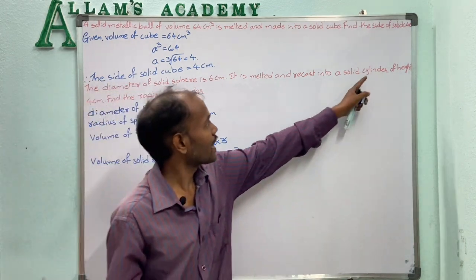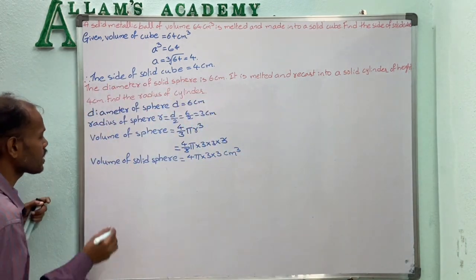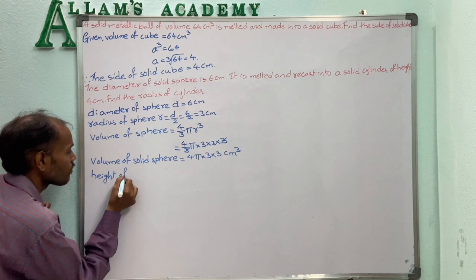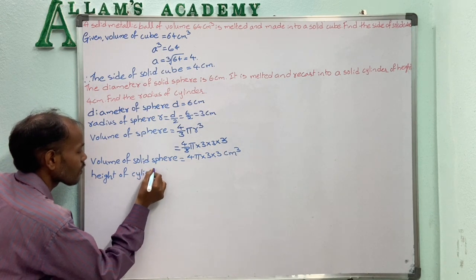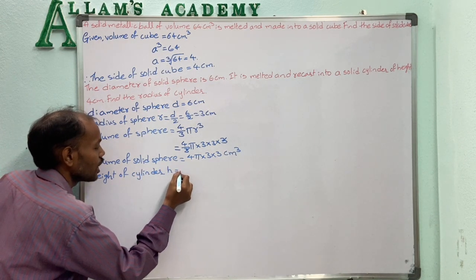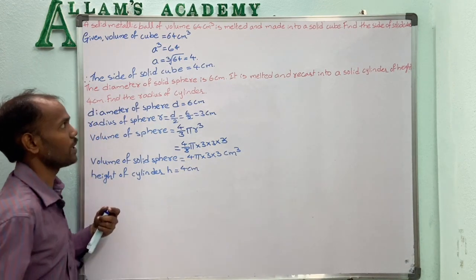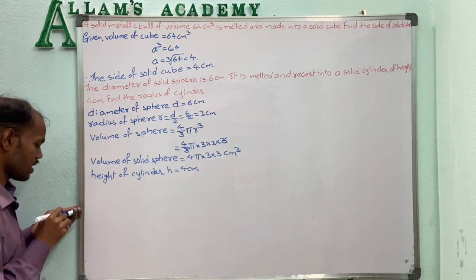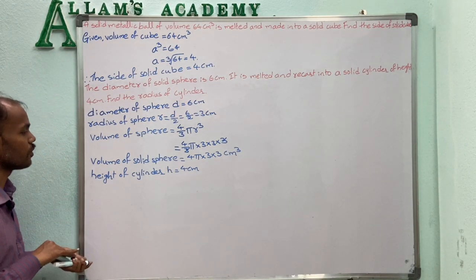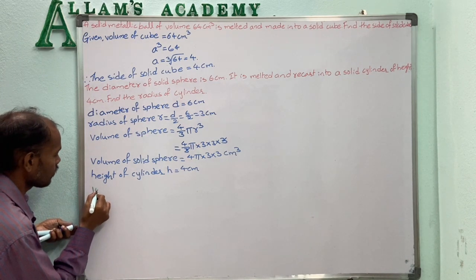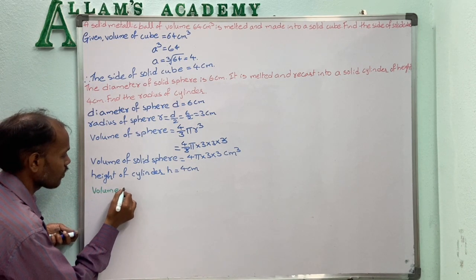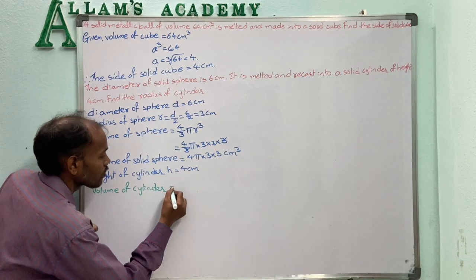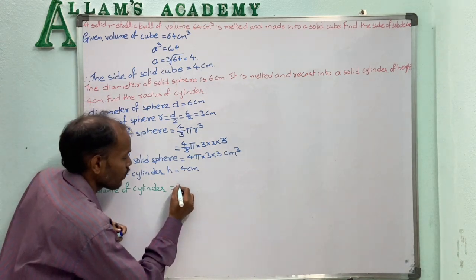Next one, given the cylinder's height 4 centimeters. So height of cylinder h equal to 4 centimeters. The radius only we want to find. So volume of cylinder is equal to pi r square h.